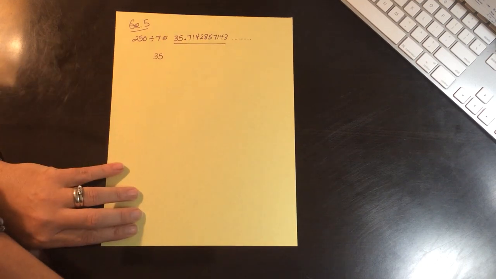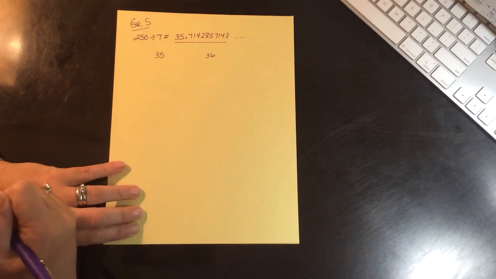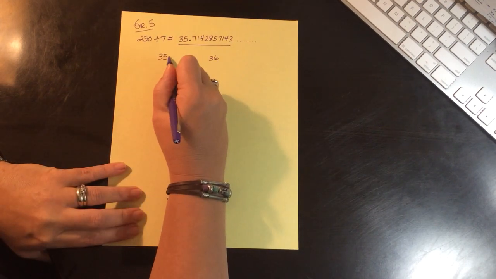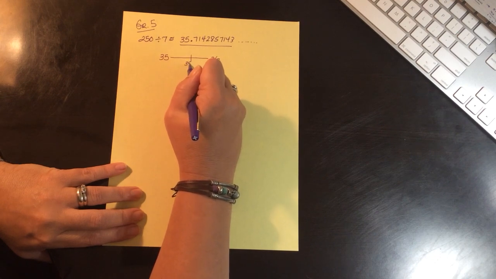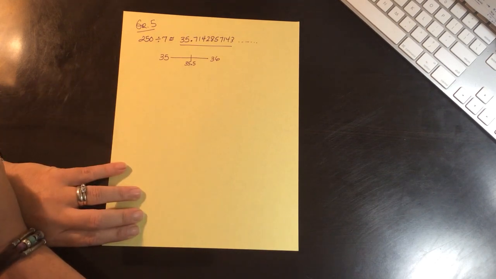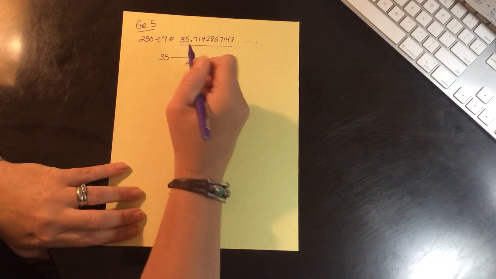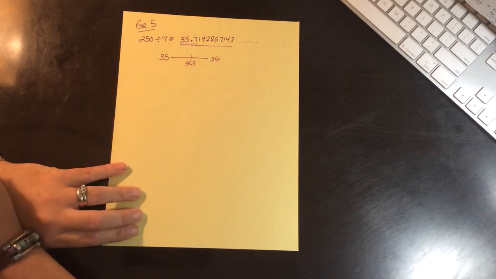I have 35 ones. If I have one more one, I would just have 36 ones. That easy. The midpoint between 35 and 36 is simply 35 and a half, or 35 and 5/10. And I'm going to take a look at my original number. My original number is 35 and 7/10.